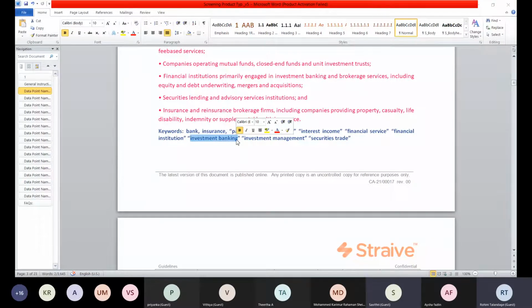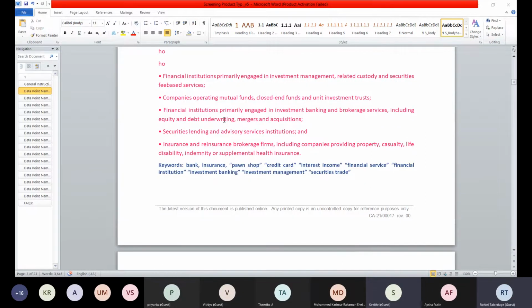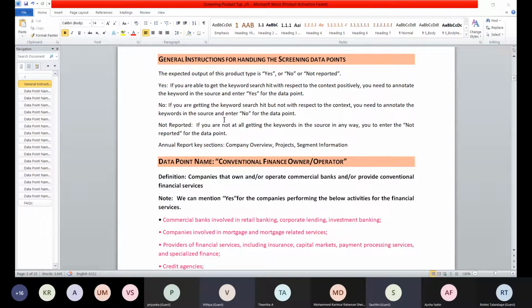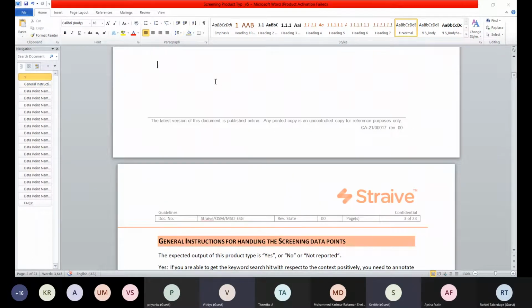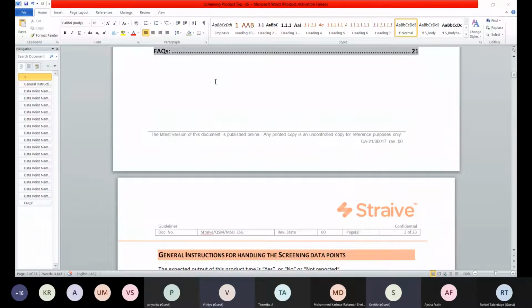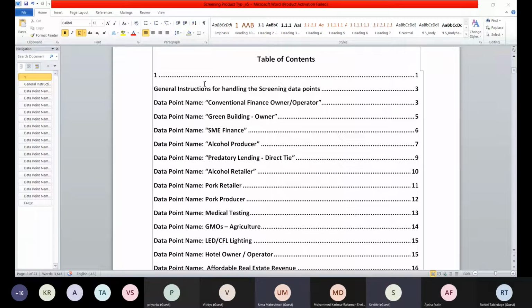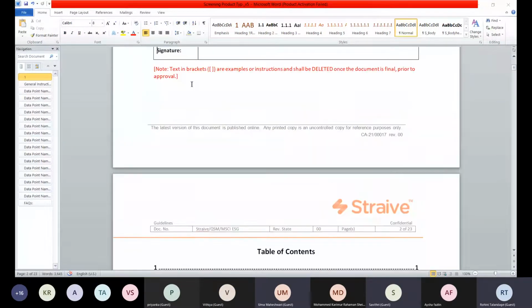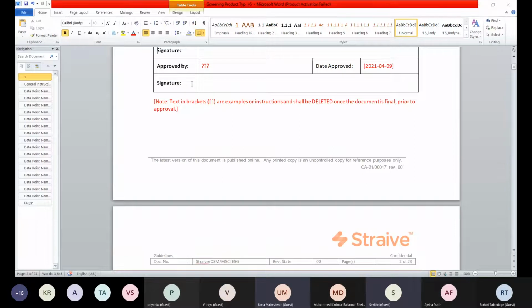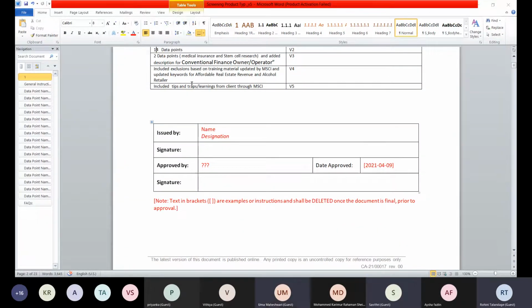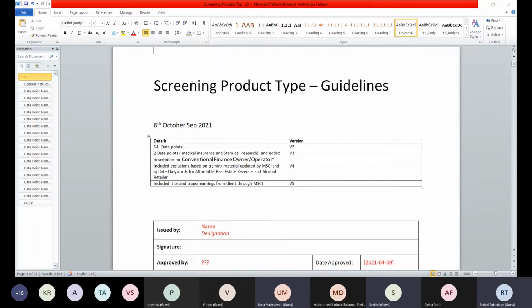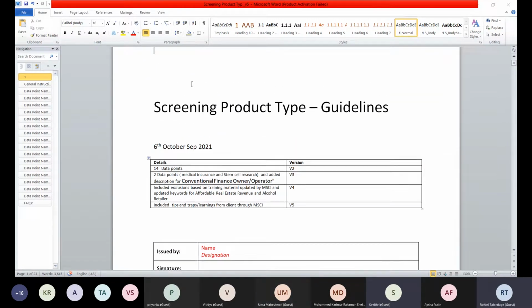We are just getting the result for that keyword. In that case we mark it as no. Is that clear? Yes, if the statement does not give any meaning regarding that data point, we mention no. If it is in a positive way, it is yes. And if you are not getting any result for revenue, then not reported.